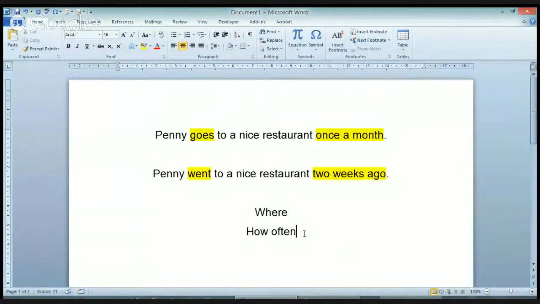How often did Penny went? No, not went. My goodness. We need infinitive in past simple for question and negative. How often did Penny go to a nice restaurant? Well, we don't know this answer.